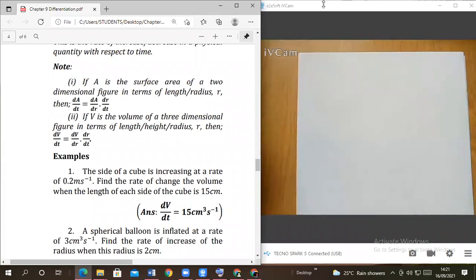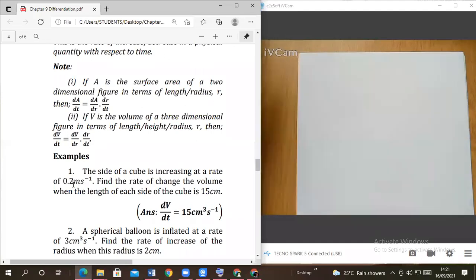When they say that the side of a cube is increasing at that rate, then they mean the length of a cube. So the dimension that we are looking at here is the length, and that length is measured in meters.